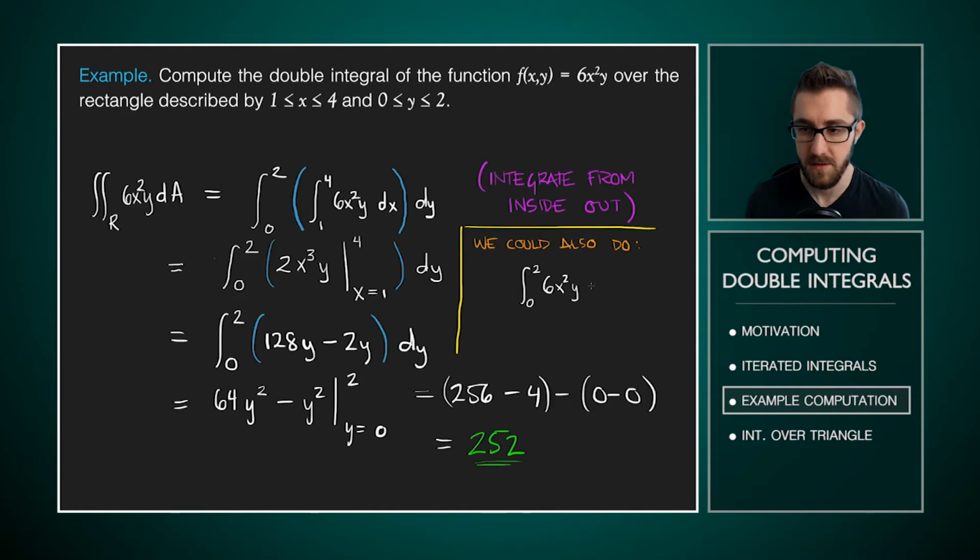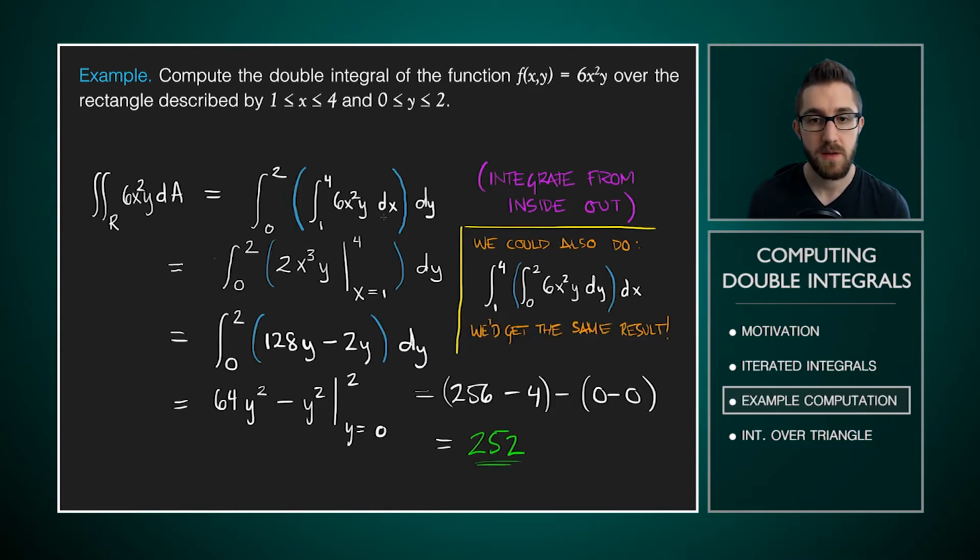Y goes from 0 to 2. That would be the thing inside these parentheses to start. And then we would integrate with respect to x, where x goes from 1 to 4. So we could evaluate this and we would get the exact same number. We would get 252, for the same reason as with that grid. It's just a different way to think about adding up all of those numbers.